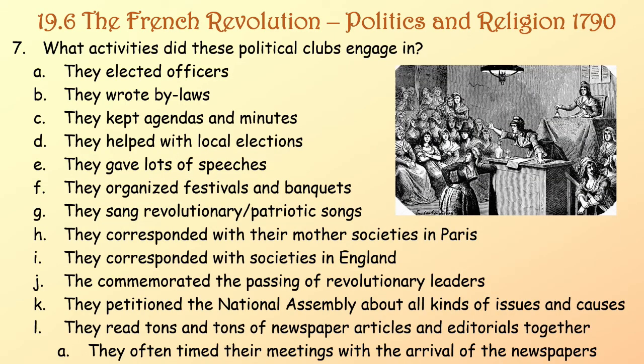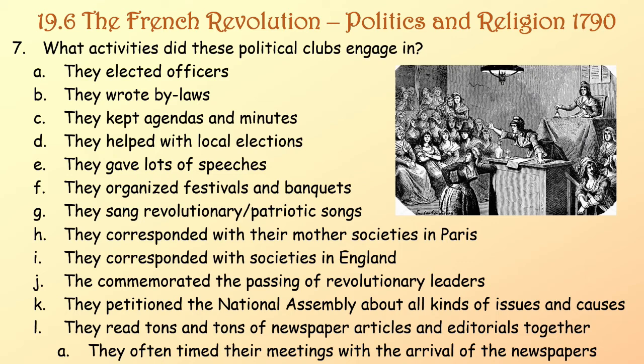And what activities did these political clubs engage in? They elected officers, they wrote bylaws, they kept agendas and minutes, they helped with local elections, they gave lots of speeches, they organized festivals and banquets, they sang revolutionary and patriotic songs, they corresponded with their mother societies in Paris, they corresponded with societies in England.